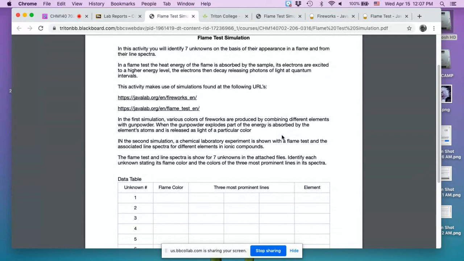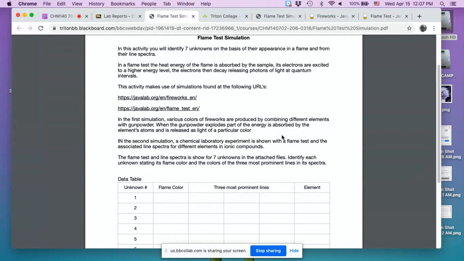Flame test and line spectra are shown for 7 unknowns in the attached files. Identify each unknown, stating the flame color and the colors of the 3 most prominent lines in its spectra. So you're going to fill in that data table. This won't take you very long, I don't think. This should be pretty quick to do.